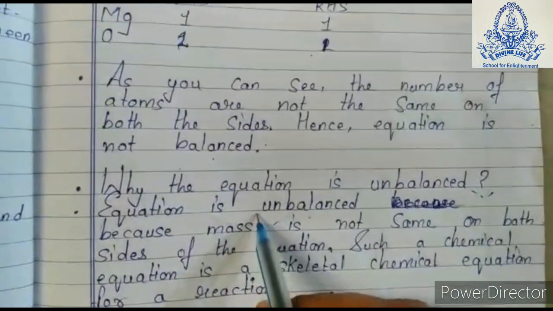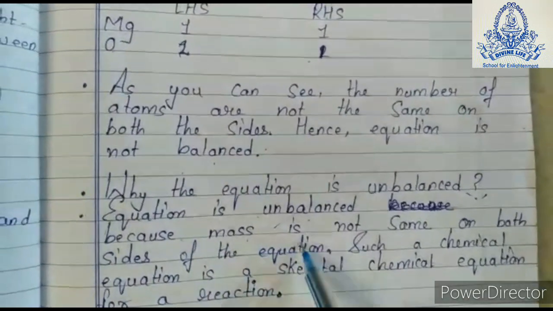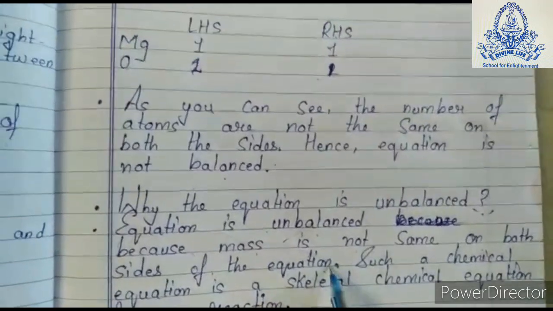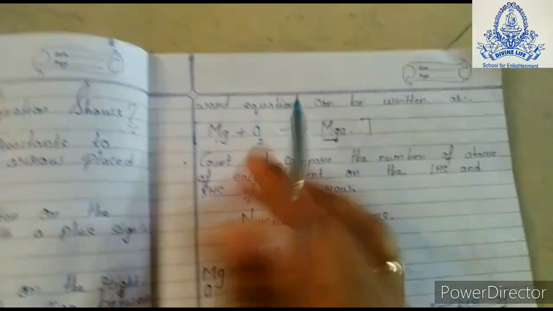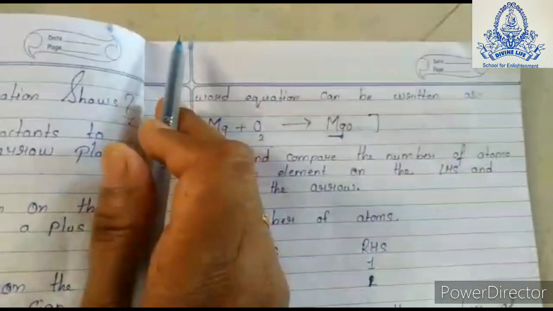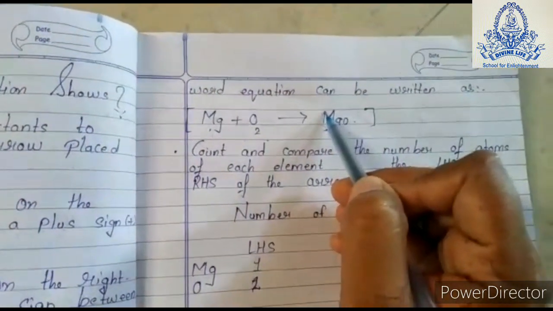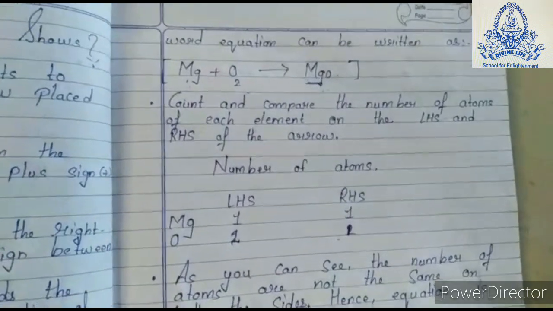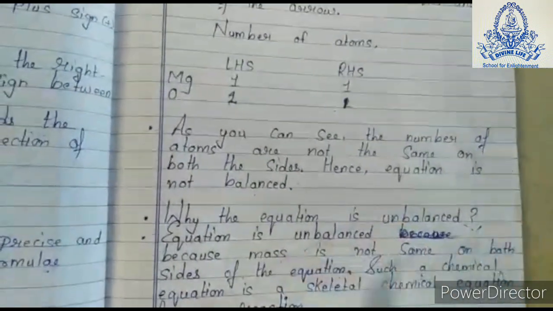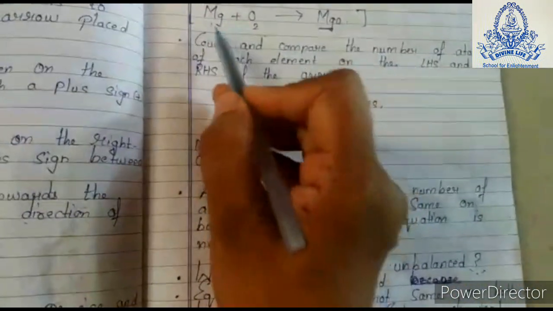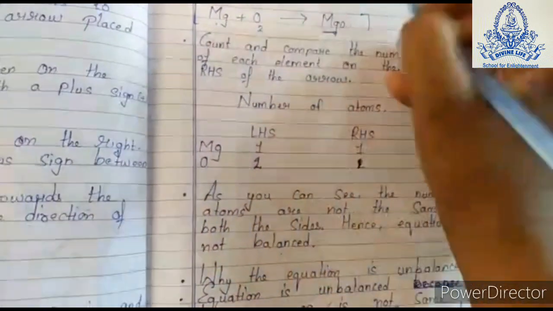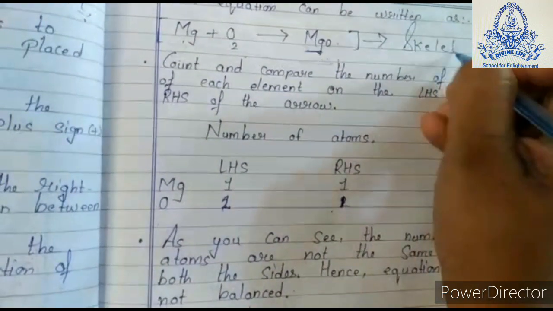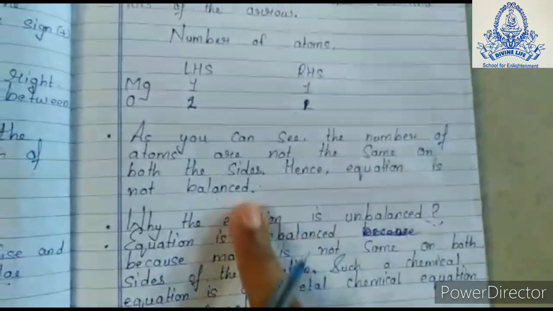The equation is unbalanced because mass is not the same on both sides of the equation. Yes, this is the condition which is required. Here, the masses on the left hand side as well as the masses on the right hand side should be equal. If they are not equal, then the chemical reaction is unbalanced. Now, such kind of chemical equation which is unbalanced is said to be a skeletal chemical equation.